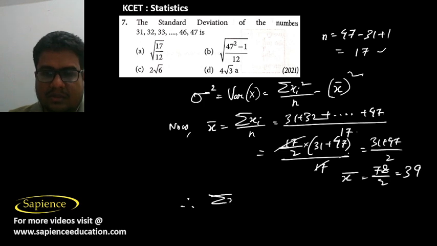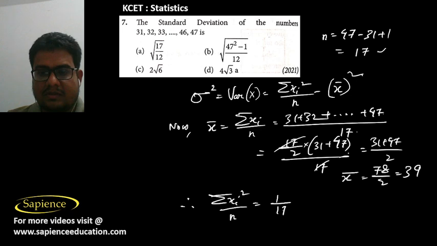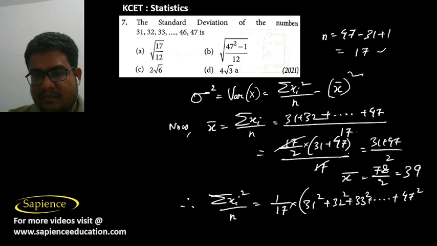Therefore summation xi square by n will be equal to 1 by 17 into summation xi square. Xi square means we have to add the squares: 31 square plus 32 square plus up to 47 square.